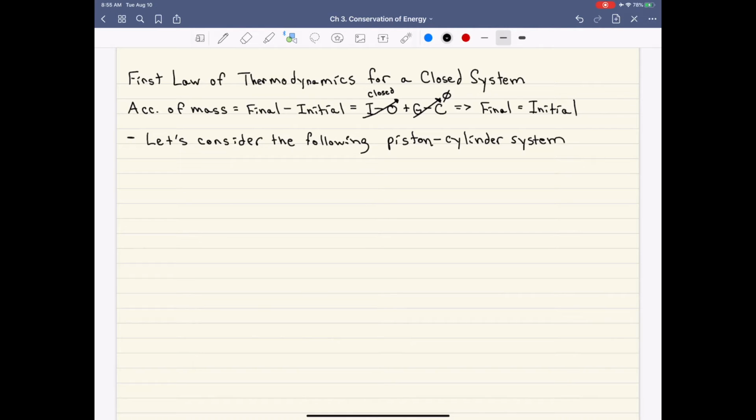In a piston-cylinder setup, which you're going to see quite a lot in this course, what we have is some sort of container that at the top is closed off by what we call a piston.